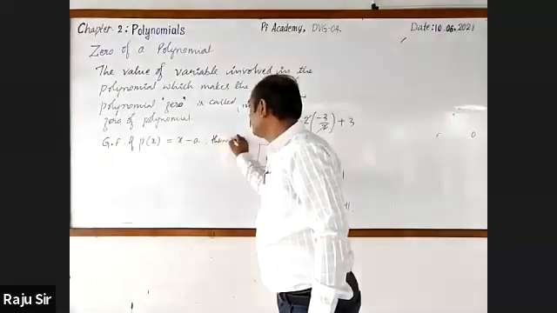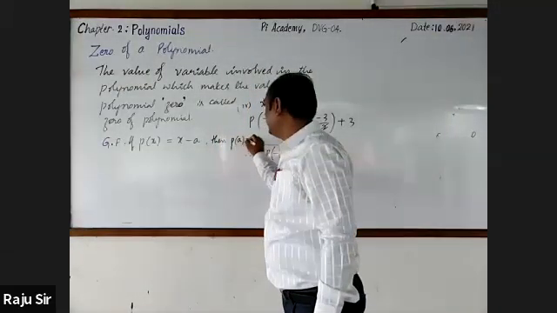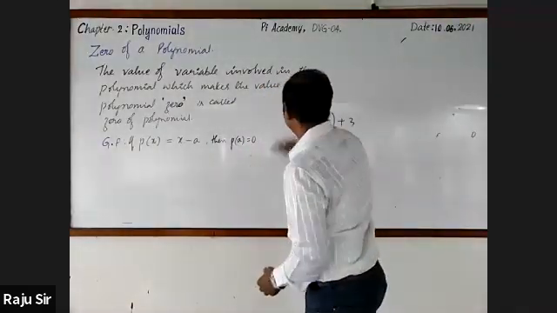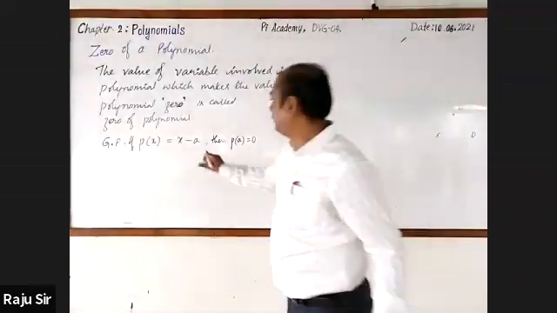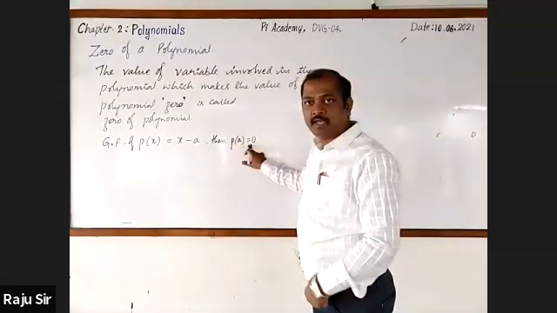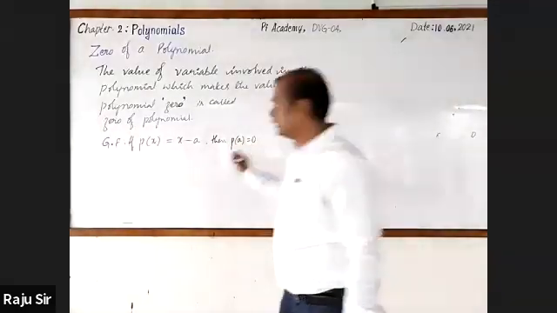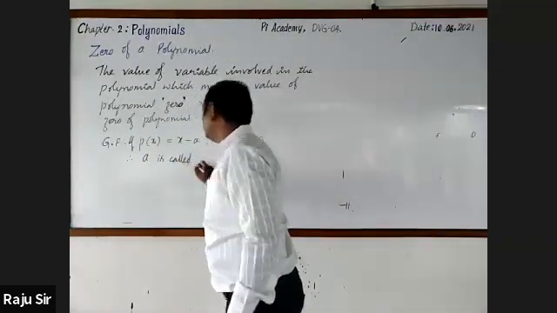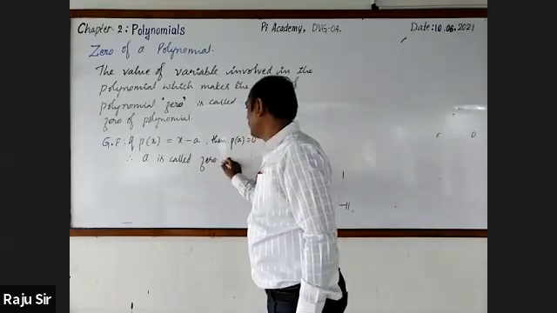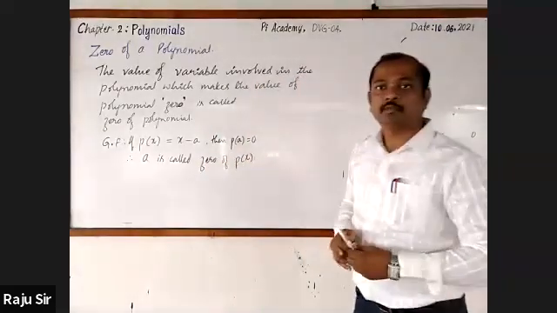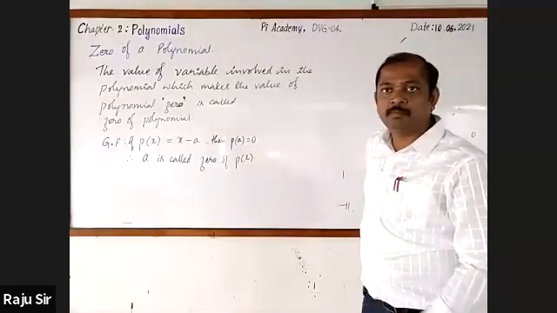That is, then P of a equal to 0. If P of x equal to x minus a, then P of a equal to 0. Therefore, a is called zero of P of x.